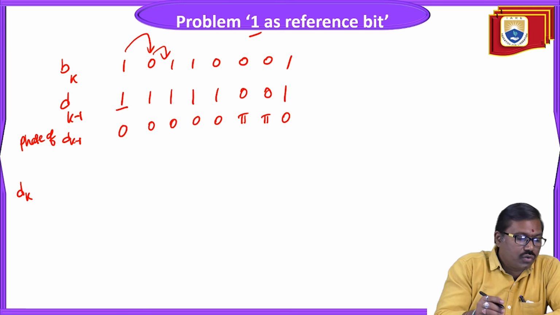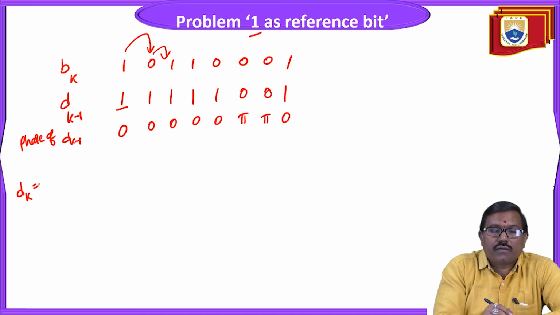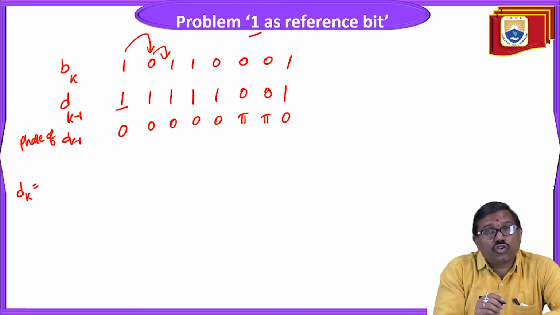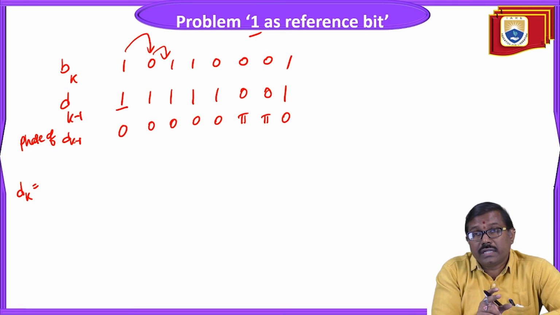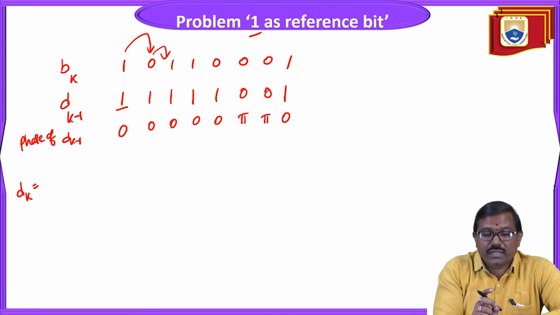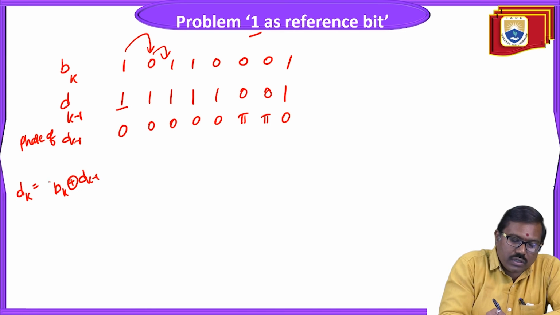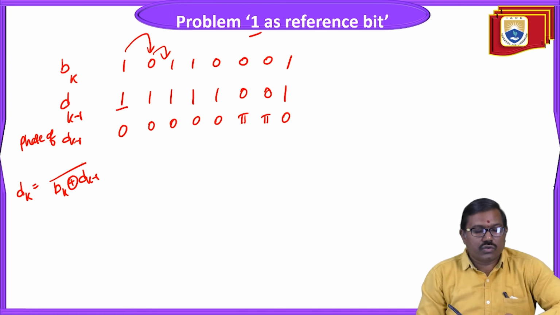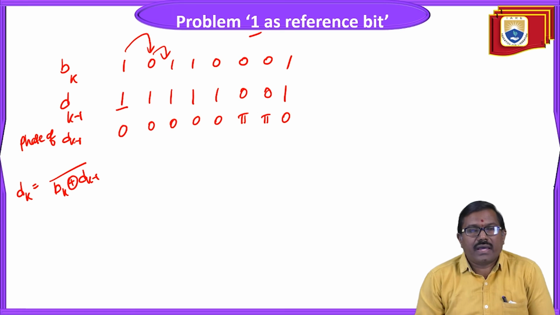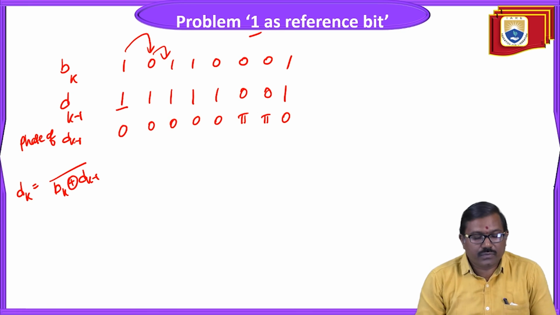Okay. So for producing DK, there is a logical operation. Already in the block diagram the logical operator is shown. So what is the logical operation? BK modulo-2 sum of DK minus 1. Here it is simply an XNOR operation. Why?